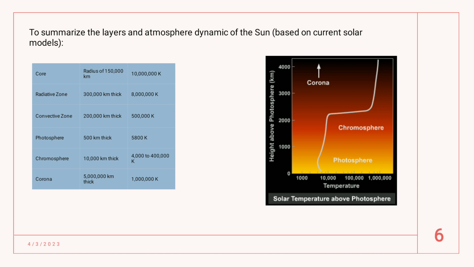As the height rises, the layers of the sun increase. Here, the wordings which we can see in the blue color are the thickness in kilometers.